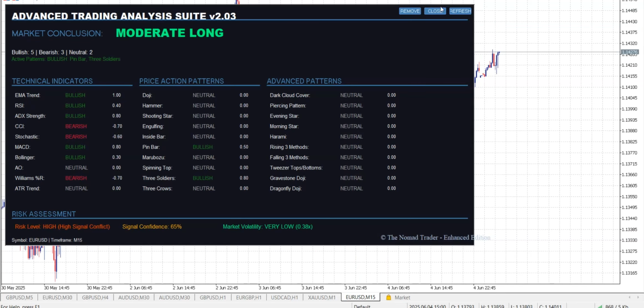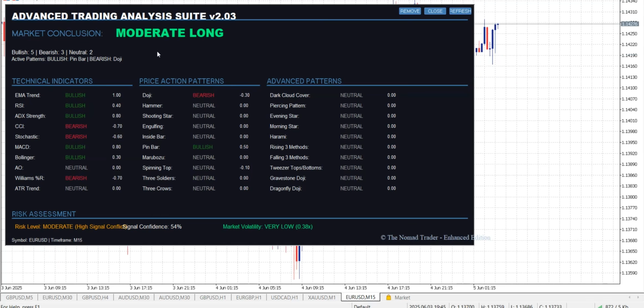I know it sounds crazy, but here I have another version, with all the time frames, and it is showing on each time frame what the direction is: long, moderate long, weak long, bearish, neutral. And it has an overall part, a sign of what the overall direction is, not just on one time frame.